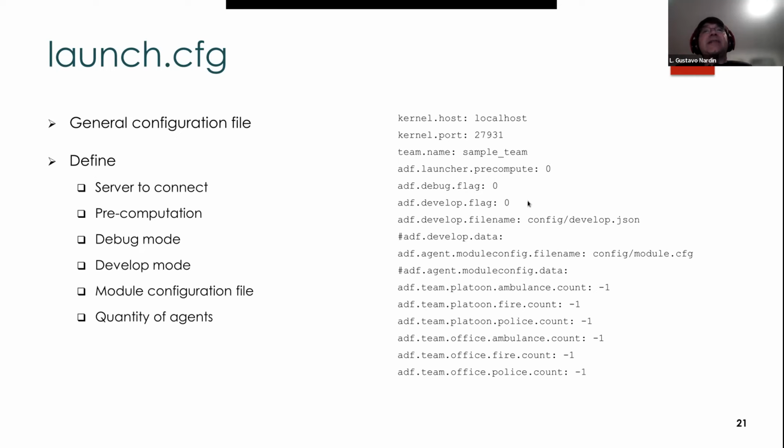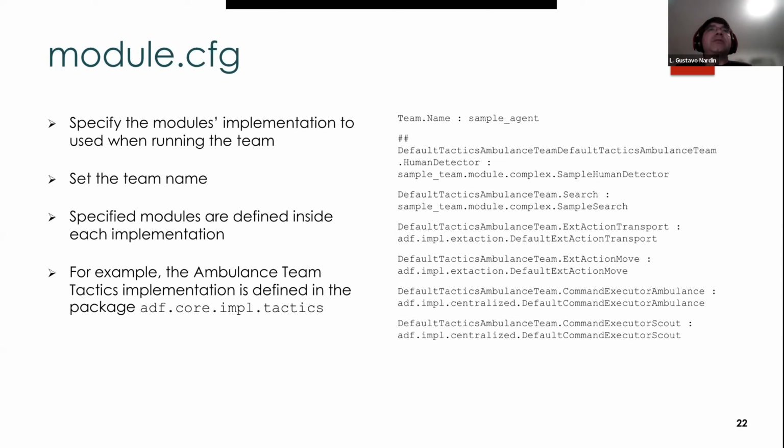And here it's set to no. If it's set to yes, then some of the modules of the ADF can read the contents of the develop.json file. And then we have the module, which is just the link. This is the general file that defines how the agent team is going to run.